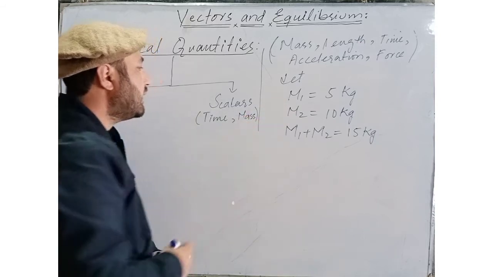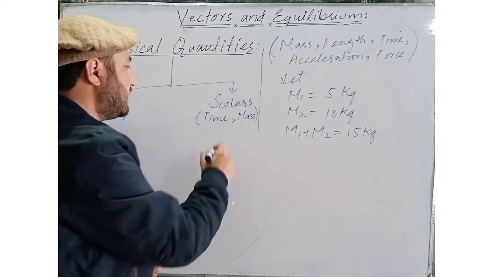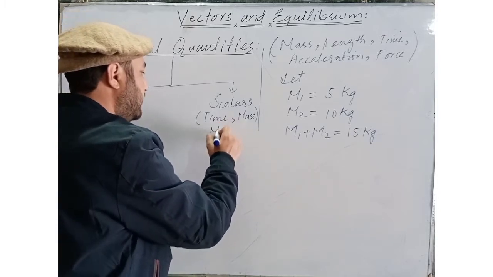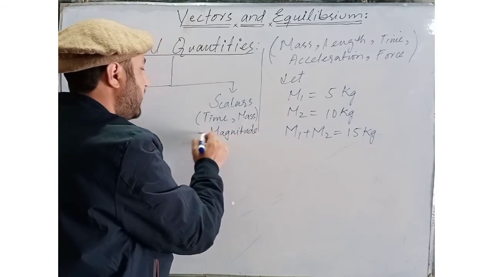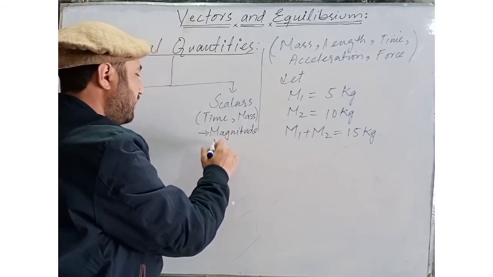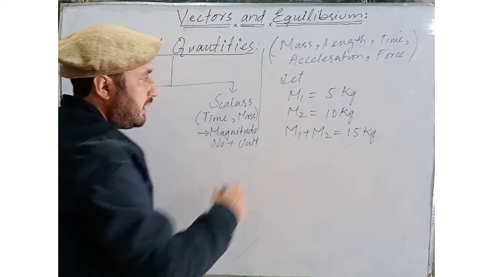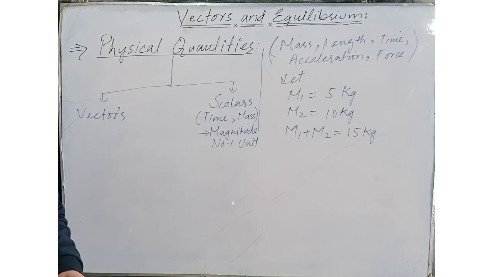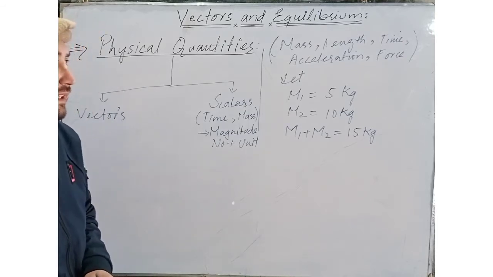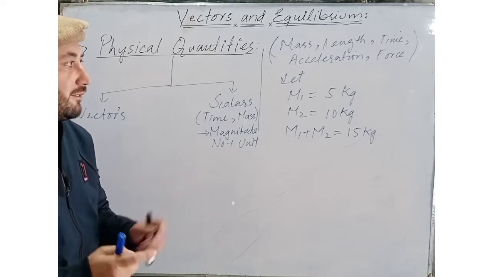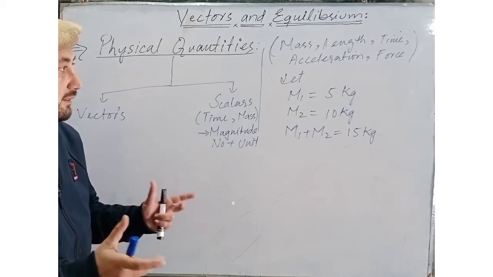So all these quantities are scalar physical quantities. They can be specified using magnitude, and magnitude is a number plus a proper unit. In that case, we are having 5 kg, 10 kg, so all these are actually magnitude. Magnitude tells us about the size or the amount of that physical quantity, right?